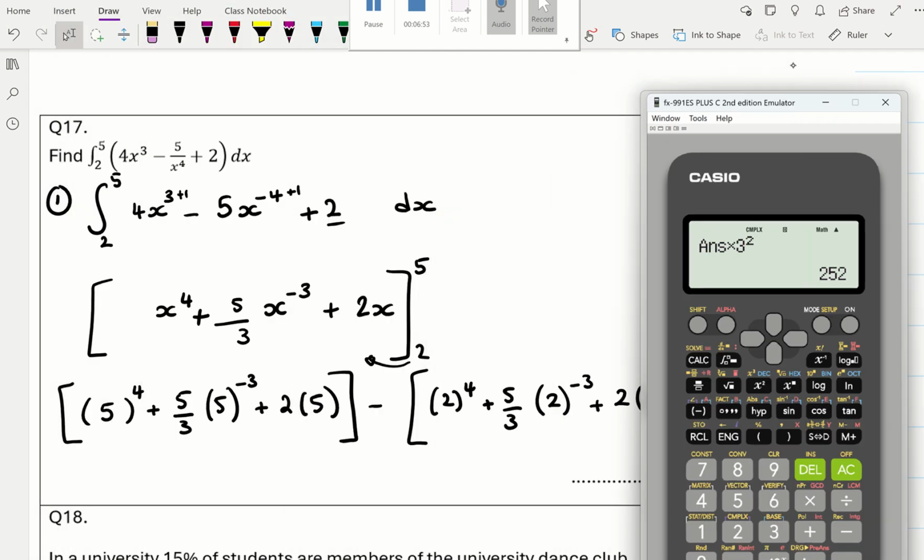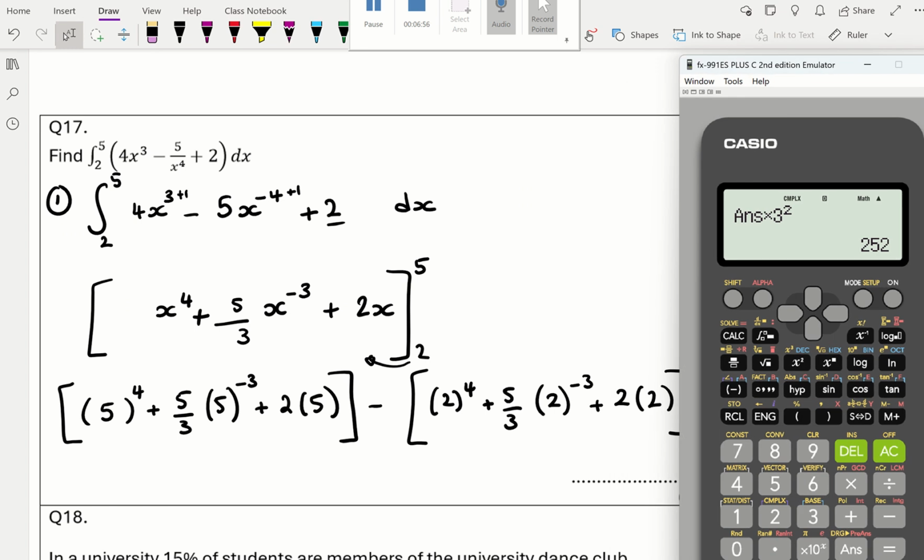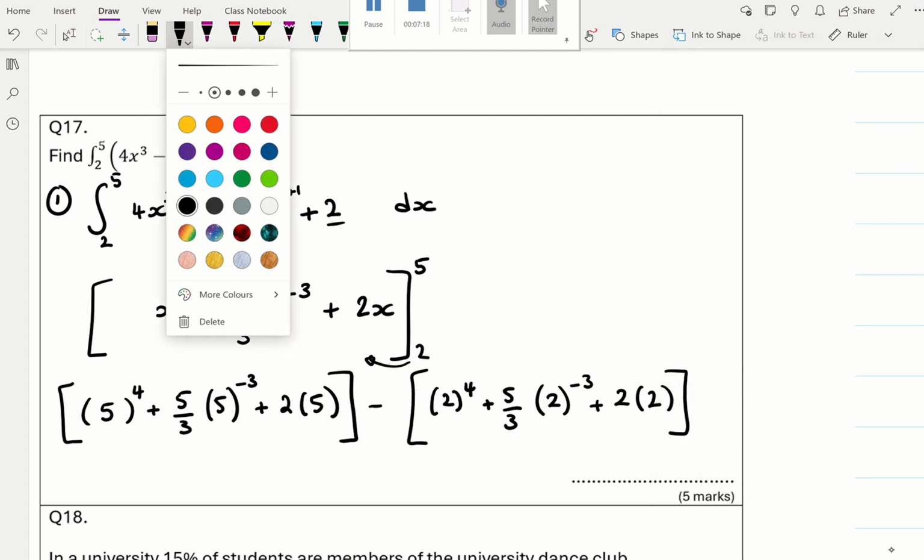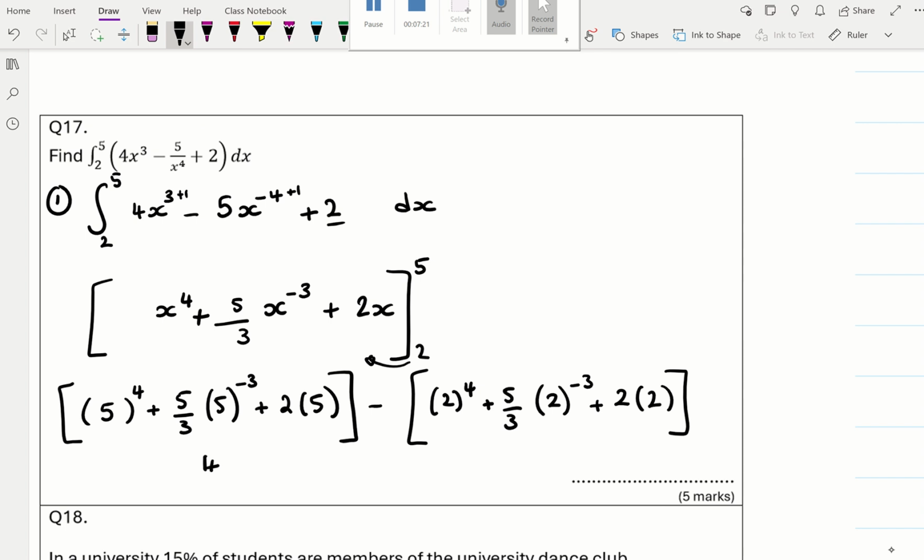And you will get your brackets on your calculator. Do the first one separately. So 5 to the power of 4 plus 5 over 3, and that's 5 to the power of negative 3, and then plus 2 times 5, and you get 47,626 over 75.